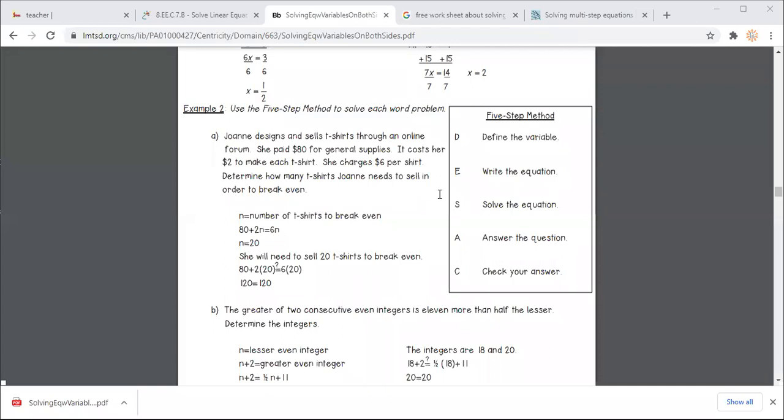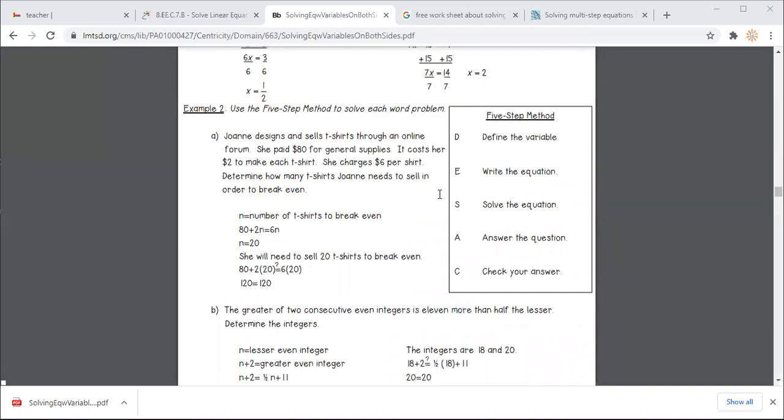Second, write the equation. Third, solve the equation. Answer the equation and then check your answer. Again, you have to define, then write the equation, then solve the equation, and by the end, don't forget to check your answer.